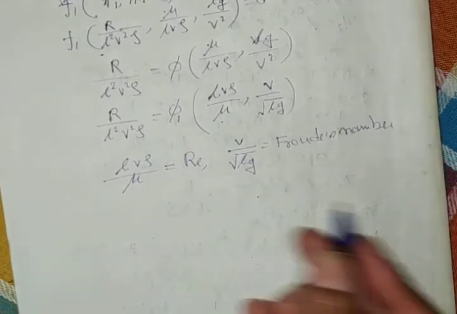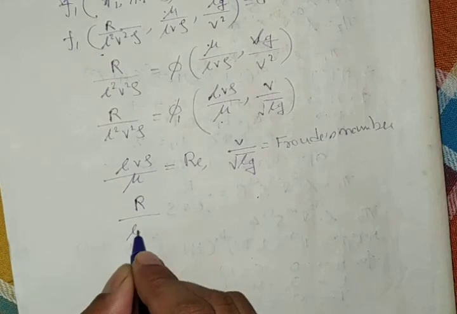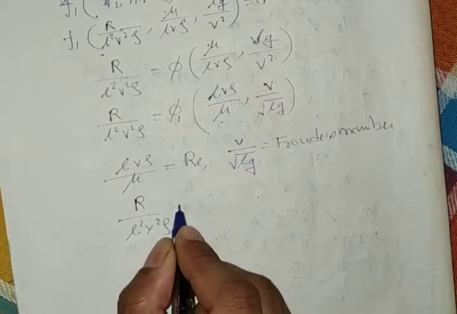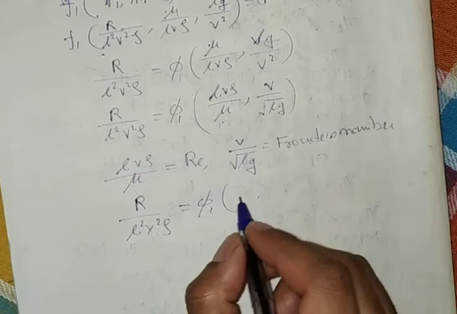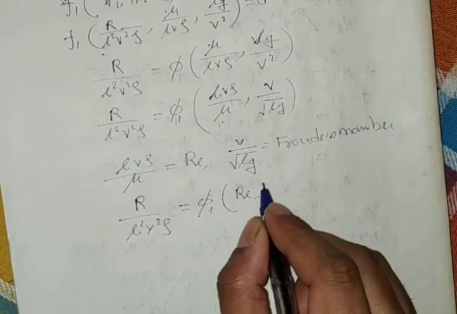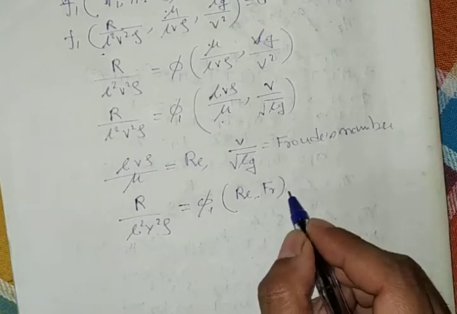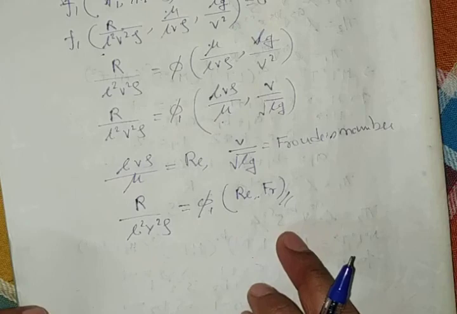So we can write R divided by L squared V squared rho is a function of Reynolds number and Froude number. So this is your final solution. I hope you understand. Thank you. Stay safe.